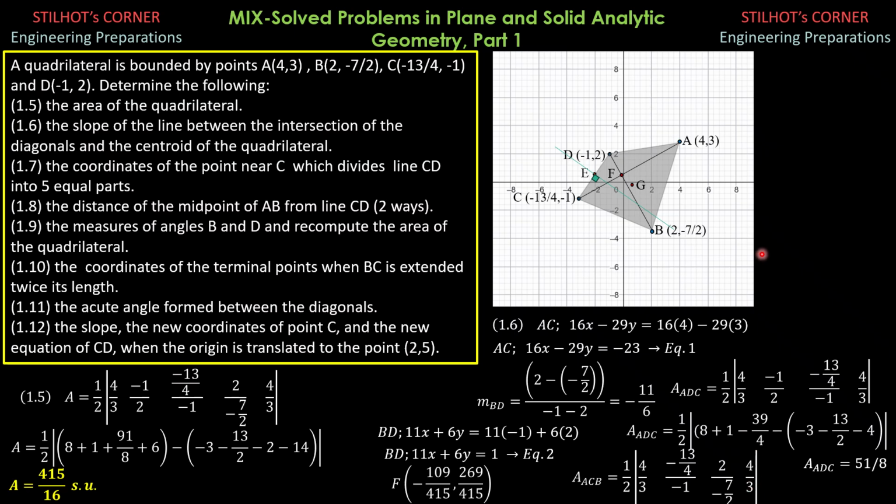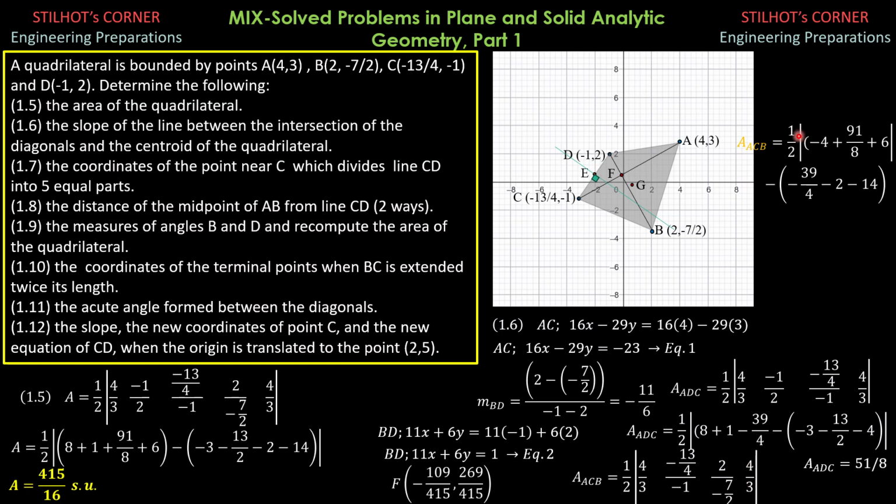So area of ACB is equal to 1/2 of negative 4, then 91 over 8, then 2 times 3 is 6, minus quantity 3 times negative 13 over 4 is negative 39 over 4, then negative 2, then negative 14.